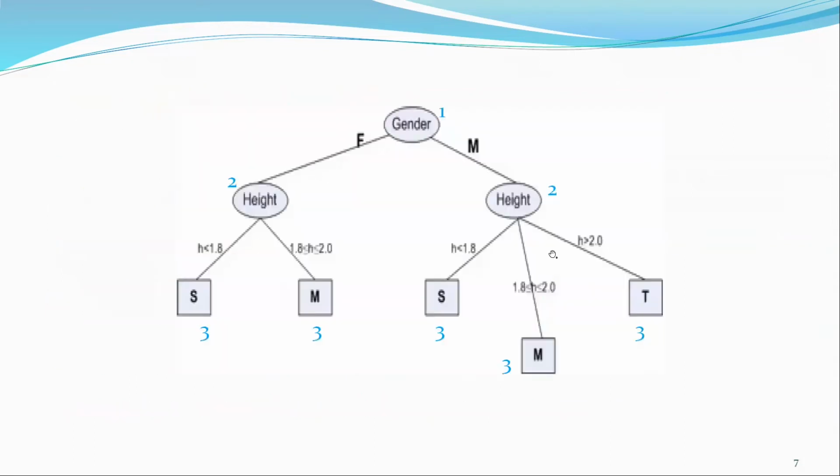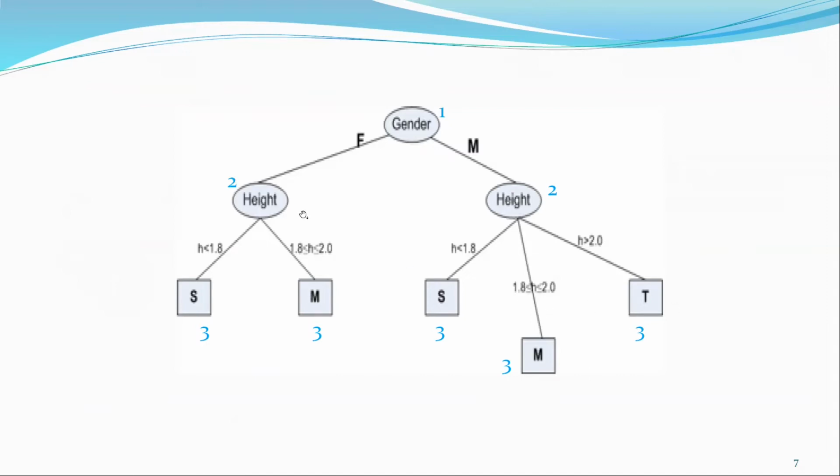Okay. Here is another example, basically depicting what I just mentioned before. The node labeled 1 is the root node. The nodes labeled 3, that is S, M, and T, are the leaf nodes.